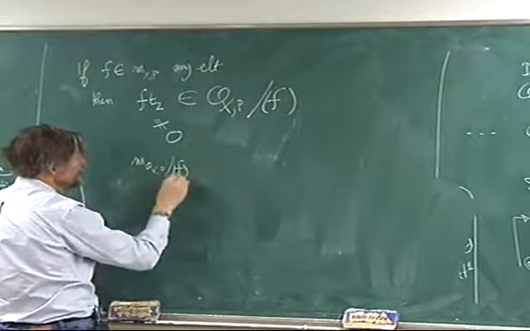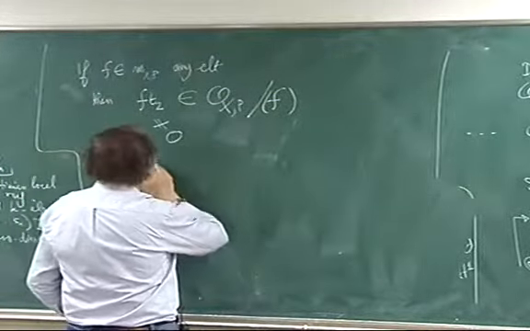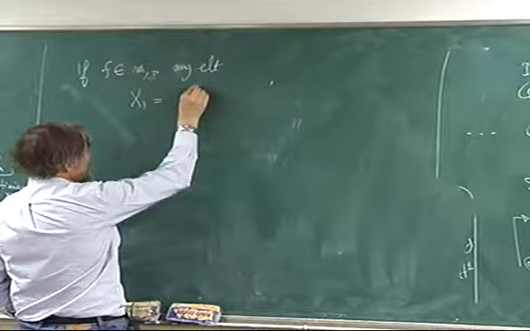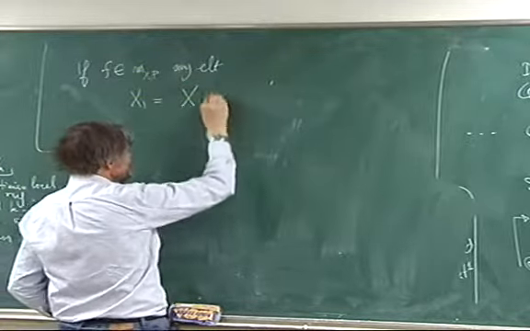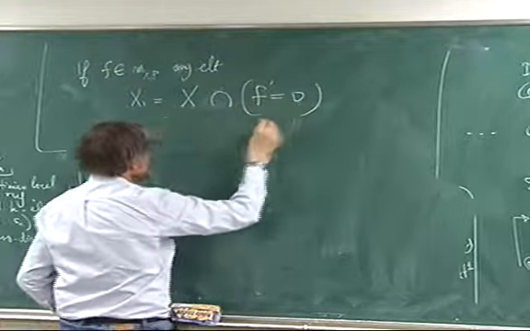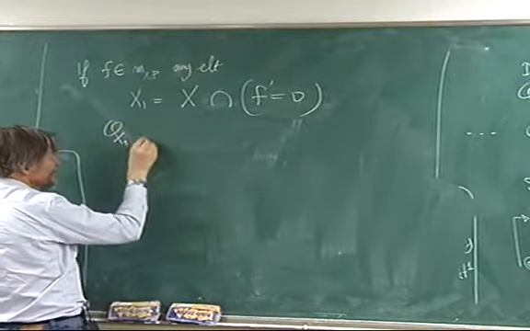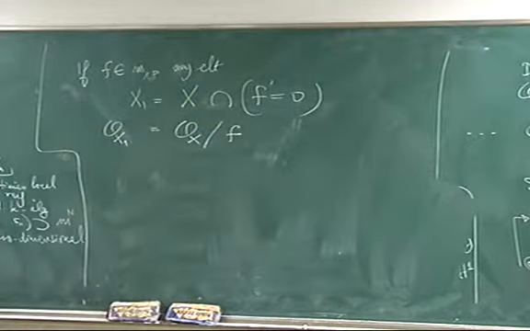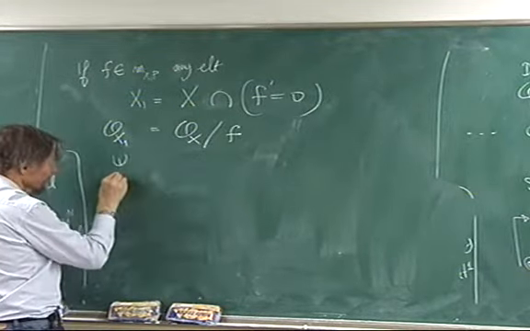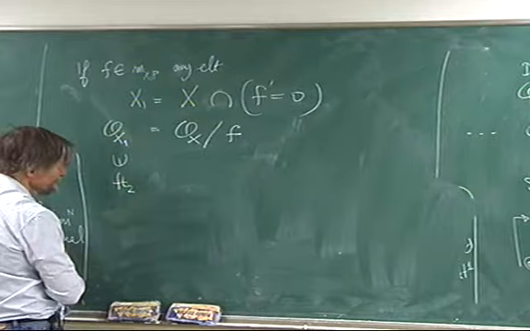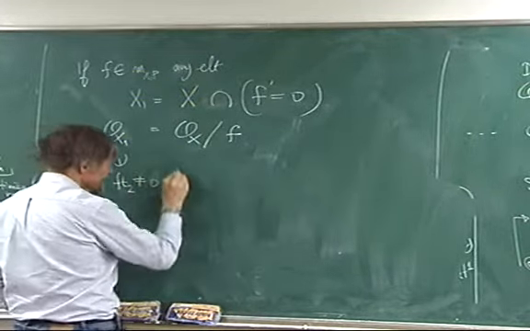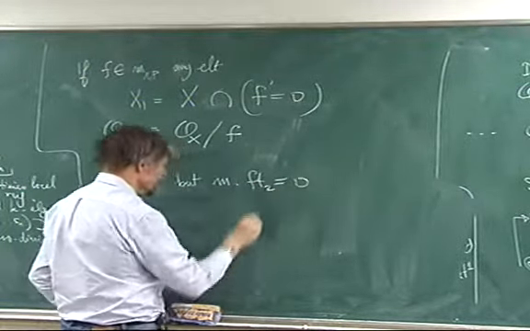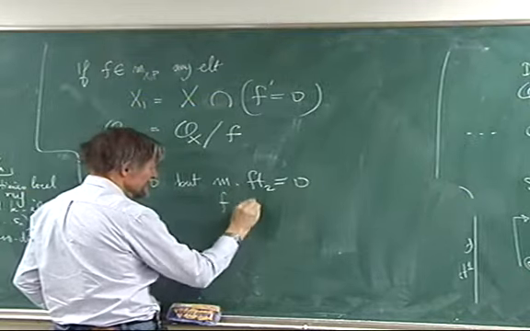Let me take any element f and write X1 for X intersect f equals 0. Then O_{X1} is O_X divided by f. Inside there I've got f times T2. This is not 0, but m times f T2 equals 0, because this is f times m T2.